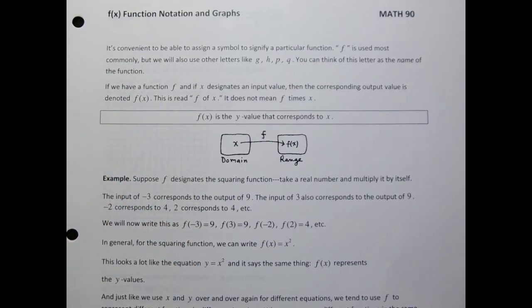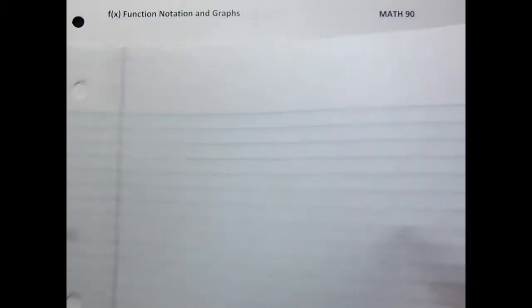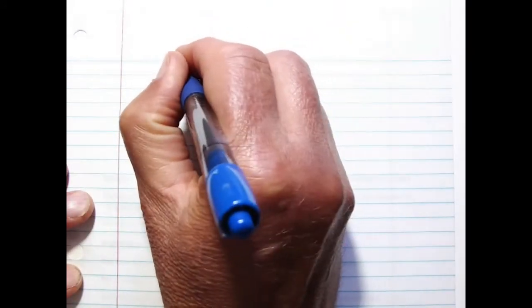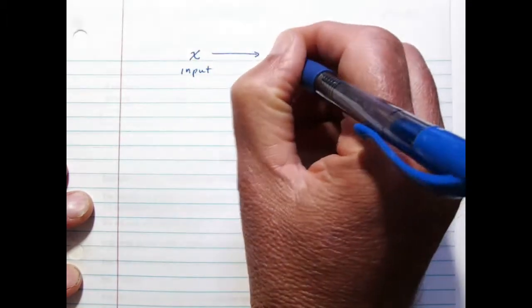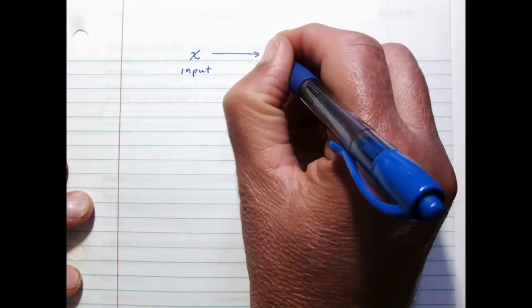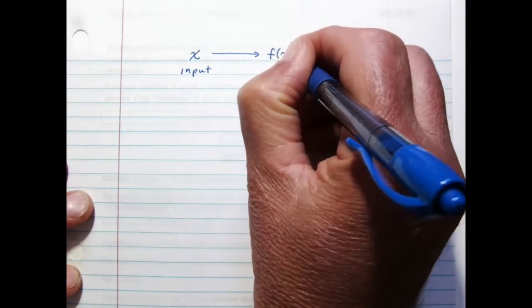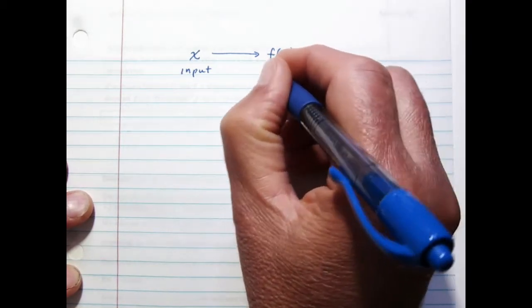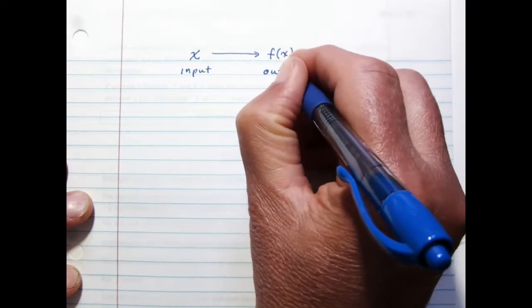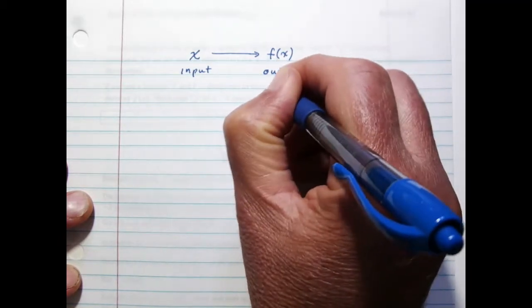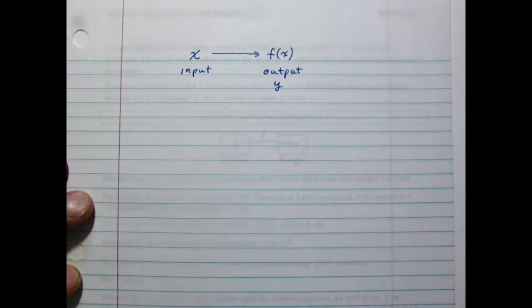So let's just take a moment to reiterate that. f of x is the y value that corresponds to x. So if we take an input, x, instead of writing y, we're going to write this f of x notation for the output, but it just stands for the corresponding y value.